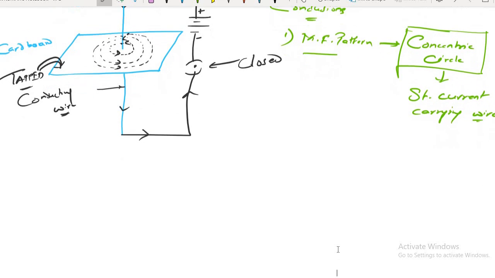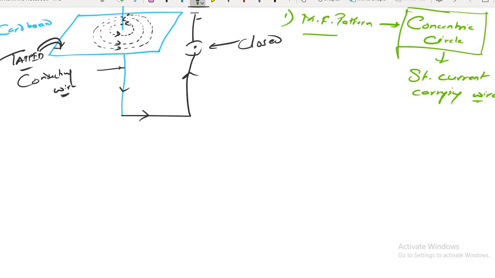So, what are the other conclusions that you can draw from here? The second conclusion is that the magnetic field is proportional to the current passing through the wire.